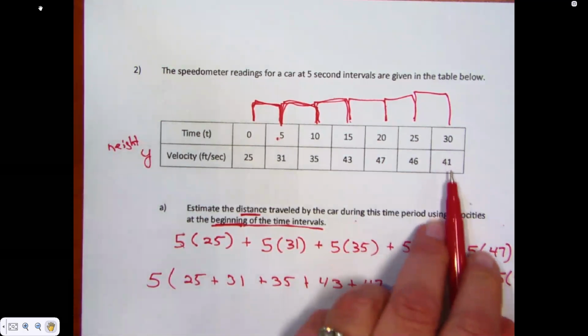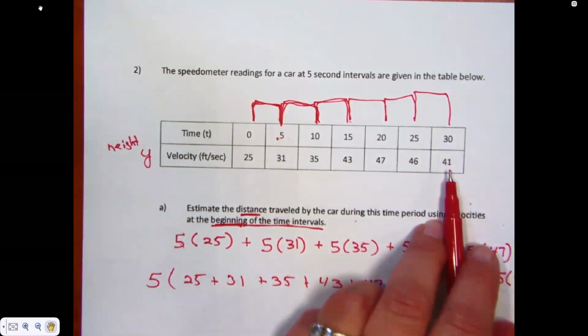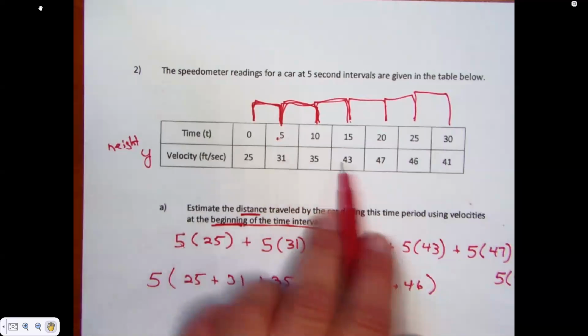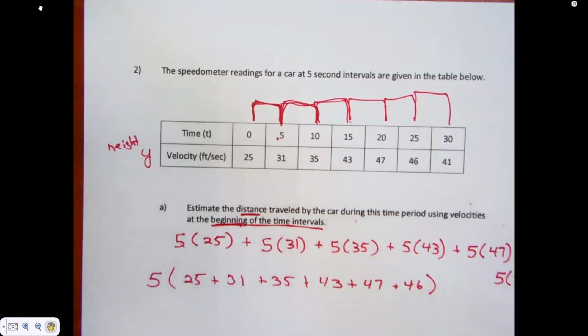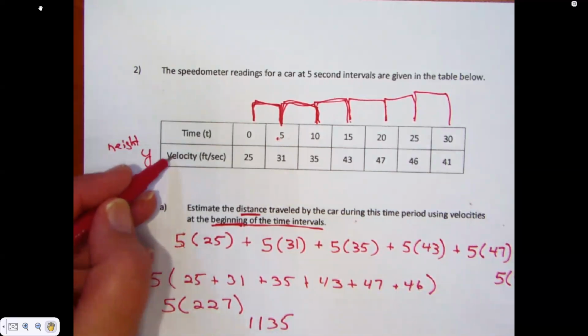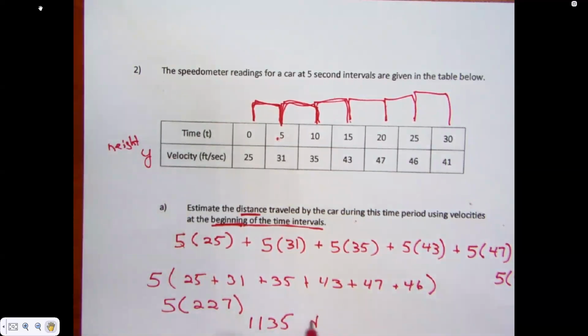Okay. How come I don't use 41? Because that is an end value, right? So I do my beginnings, so I only do the 46. And that gives me, if I do it this way, 5 times 227, which gives me 1,135. Even though it's an area under the curve, when we take the integral of velocity, we actually find the distance. And so it is in feet.